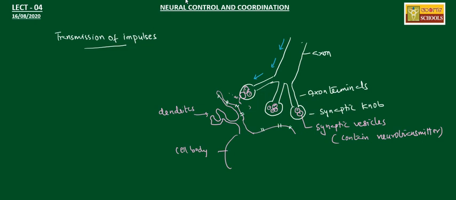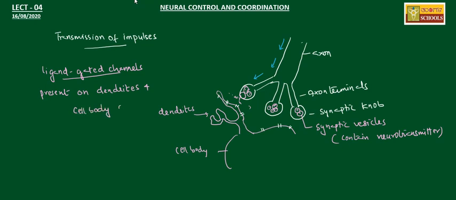These receptors are called ligand gated channels. These ligand gated channels are present on the dendrites and cell body of the postsynaptic neuron.